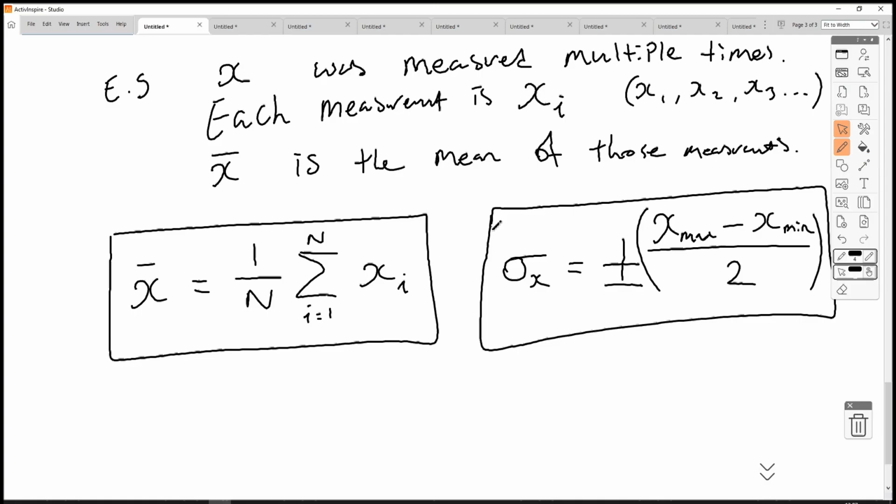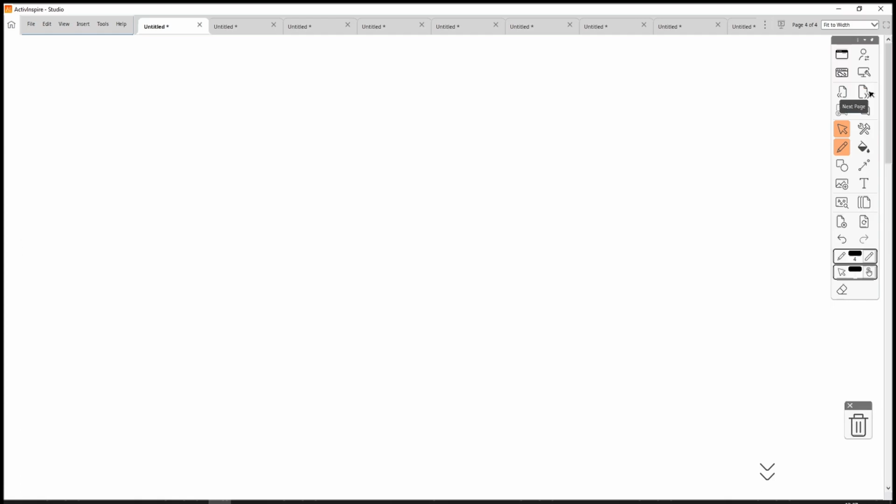All right, next let's talk about graphing. When graphing, you need to think about the data that you have in front of you and choose suitable scales to use.